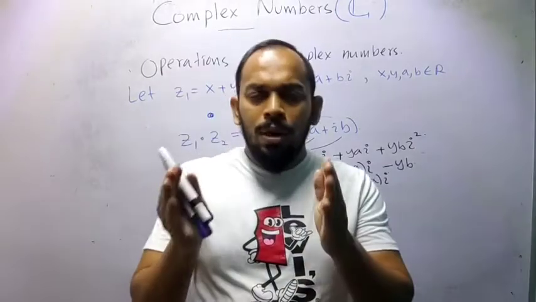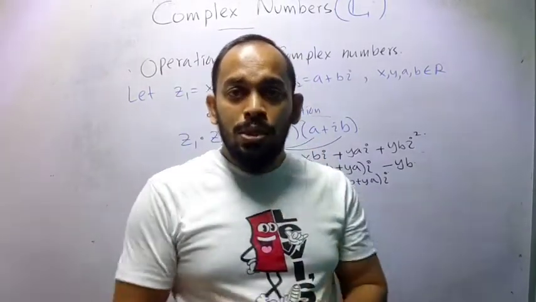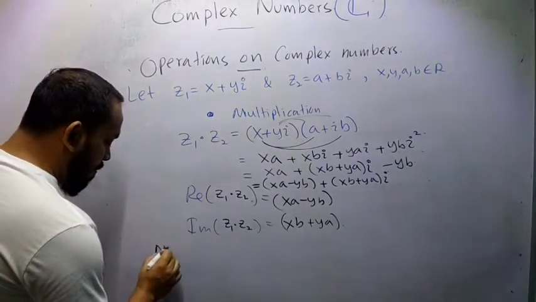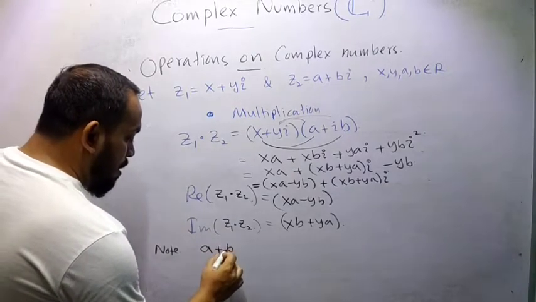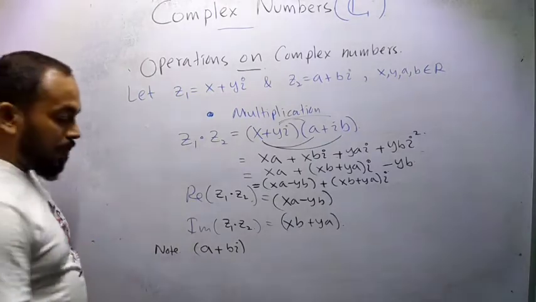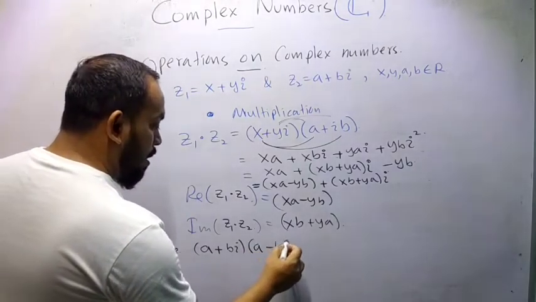Right. So when it comes to product, notice here that you learned about conjugates. So what do you get when you multiply a complex number by its conjugate? Right. So note, suppose your complex number is a plus bi. I'm going to multiply this by its conjugate, so a minus bi.